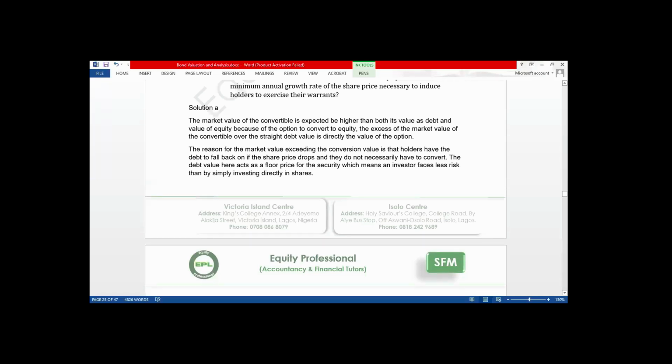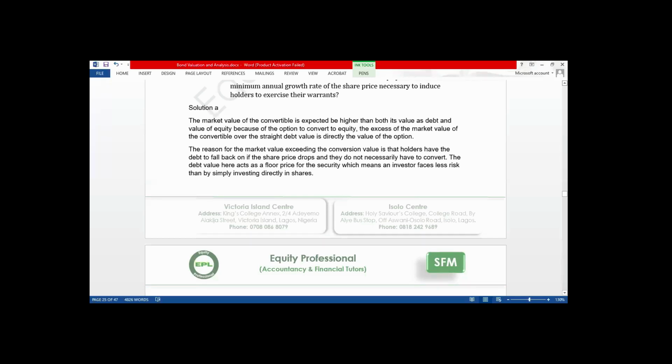What is the price of this bond as a debt? That's okay. The price as a debt is 66 naira. If I take this as a debt without putting equity to it, it's worth 66 naira 79 kobo.